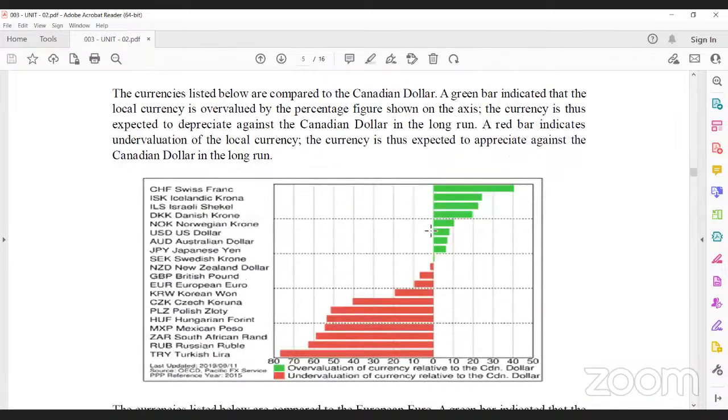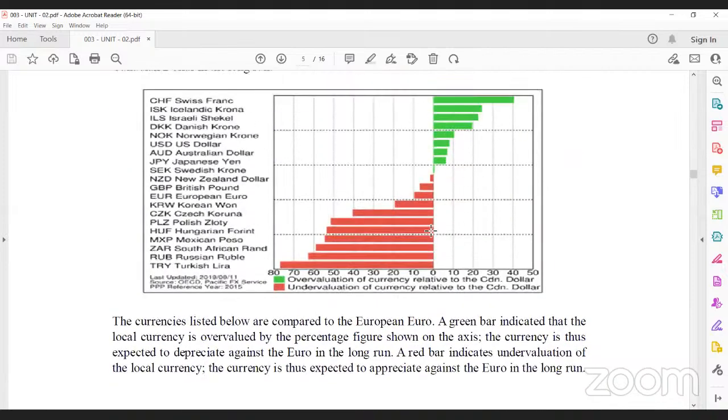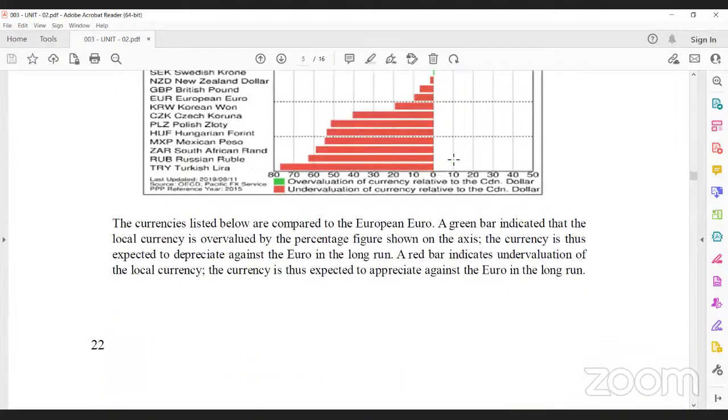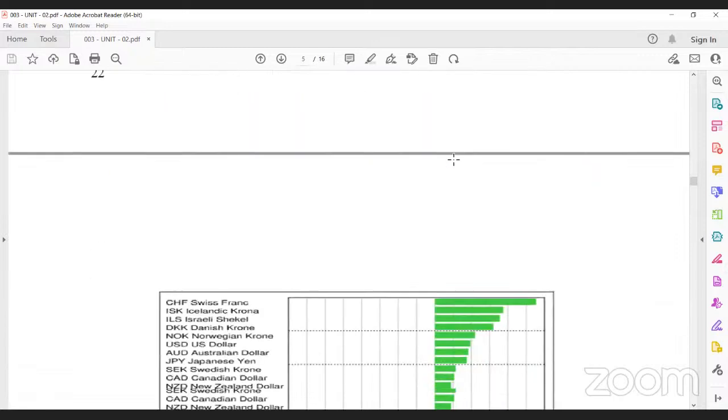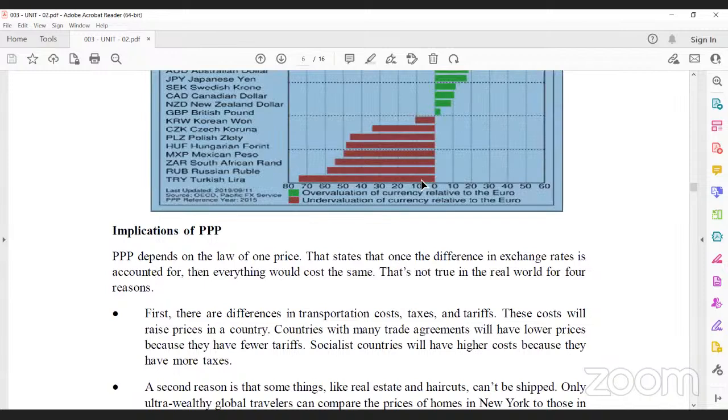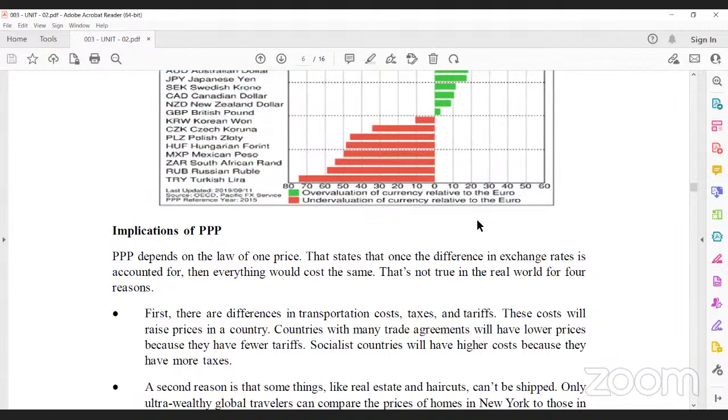Followed by another chart, which again has red indicating undervaluation and green indicating overvaluation. And the currencies listed below here are the European euros.